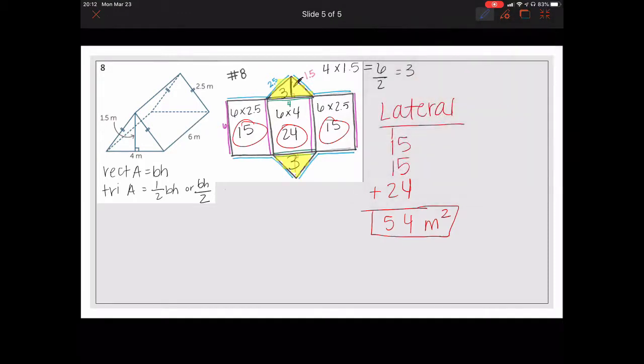And switch over colors for total surface area. So we're going to take 54, and we're just going to add in those two bases. And it's meters squared. So our lateral is 54 meters squared, and our total is 60 meters squared.